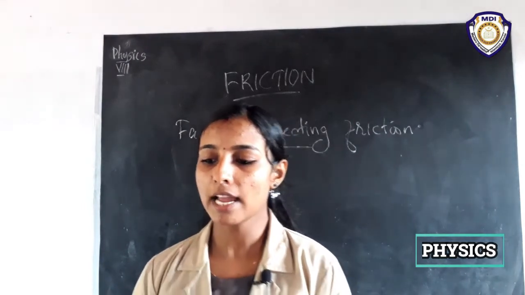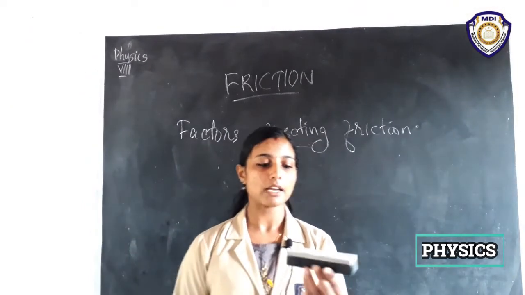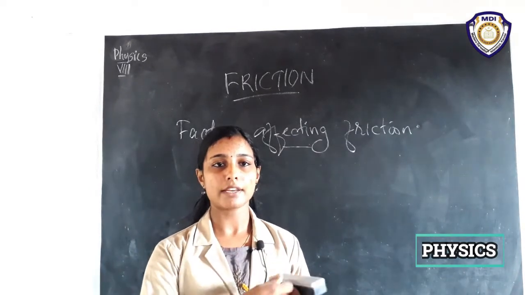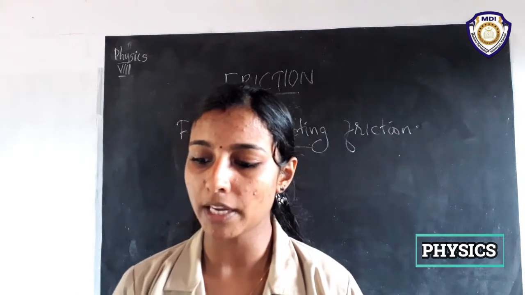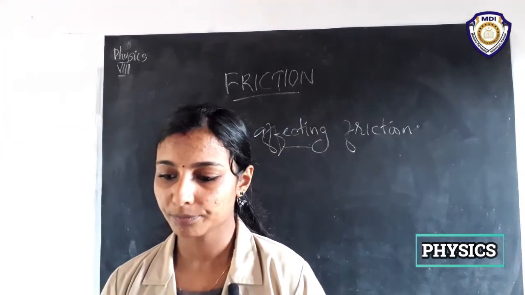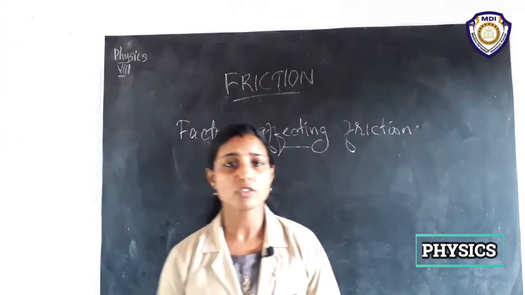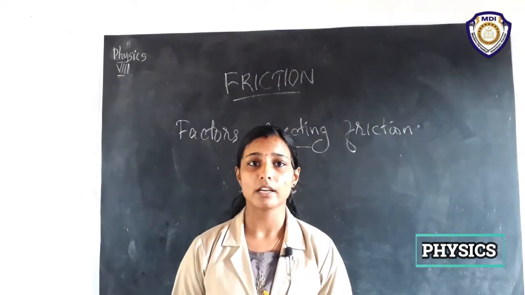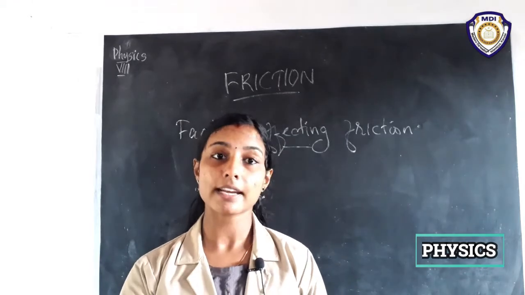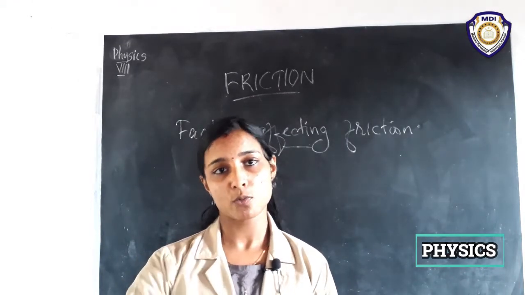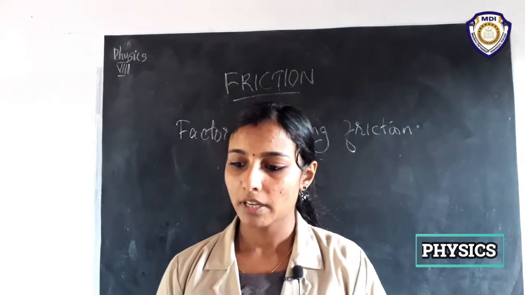So tie a string around a brick. Suppose this is a brick. Tie a string around this brick and try to pull it with a spring balance, right? We need some force to move this brick, and you should note the reading of the spring balance when pulling the brick.